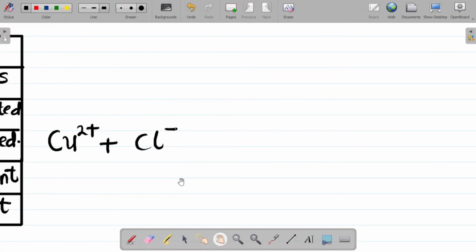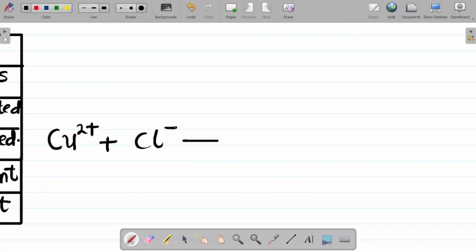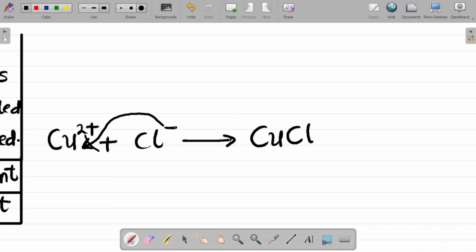So how do we form this compound here? Obviously, these two can combine because they are opposite charges and they can attract. So it becomes copper Cu. The 1 comes here, becomes Cu1, which is just Cu. Then the chlorine, I have Cl. The 2 from here comes this way, so it becomes 2.